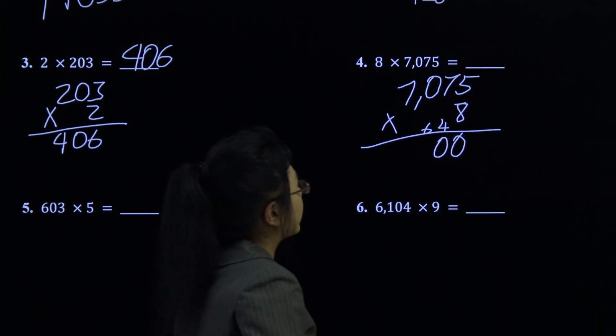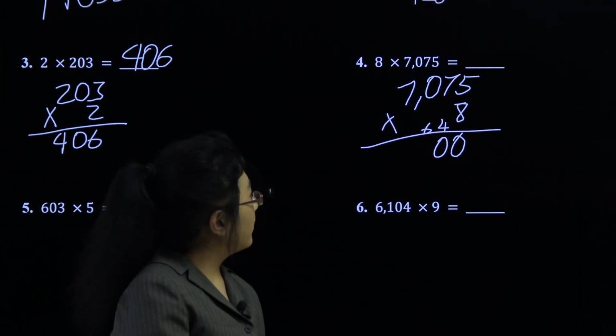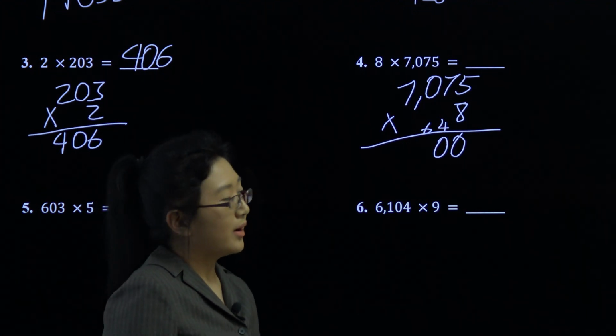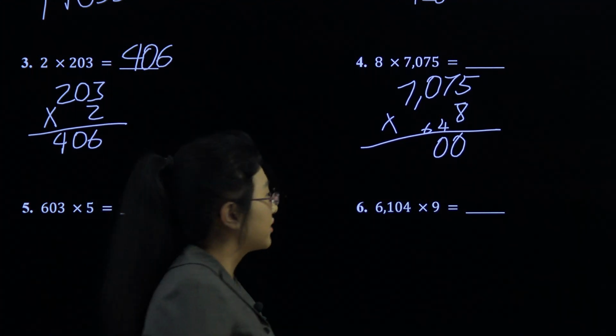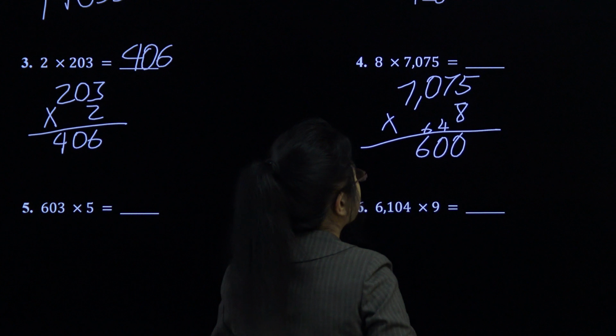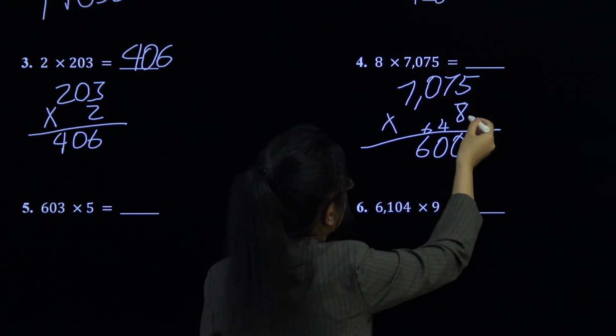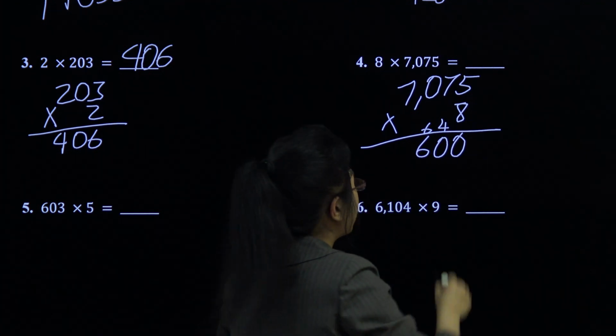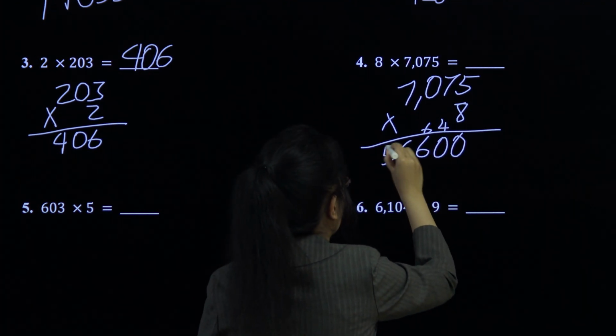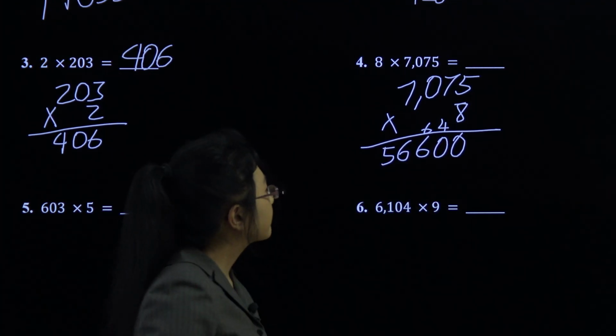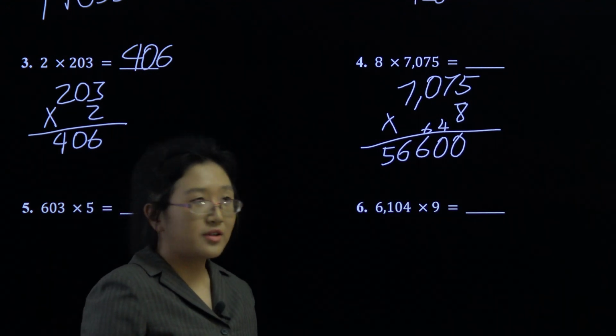And then you regroup the 6. 8 times 0 equals, well, 0. And then 0 plus the regrouped 6 is just 6. There's nothing to regroup right here, so 8 times 7, 56. So, yep, 56,600.